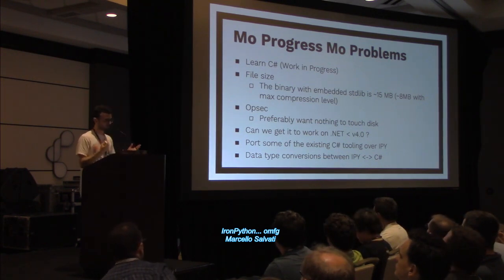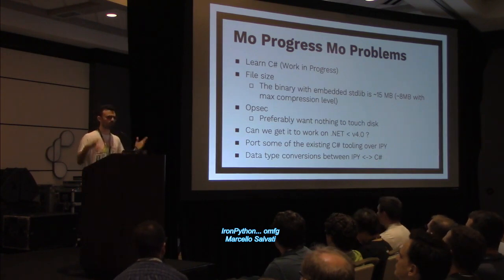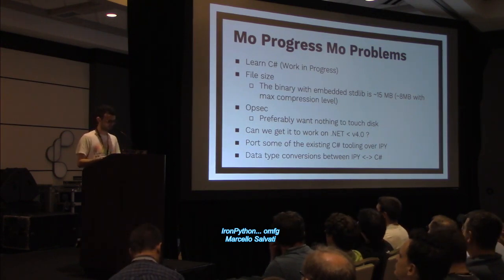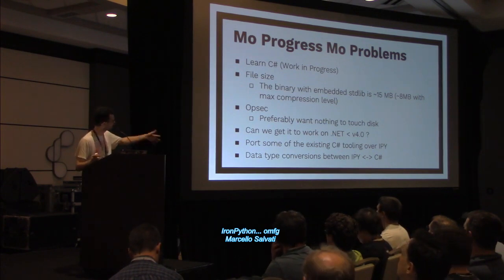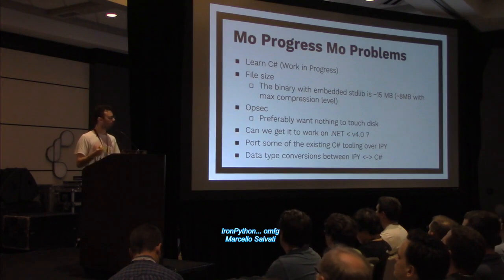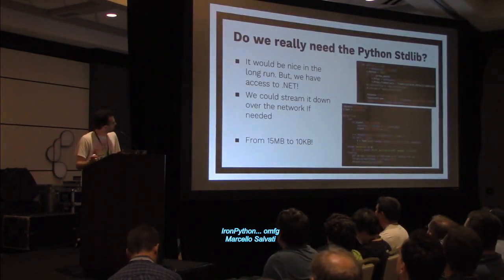Now really the only thing we have to do is write a framework around it and port some of the existing C# tooling that's been coming out to IronPython, which is really easy because it's the same function calls as in C#, only in Python, which is better. And all of the data type conversions between IronPython and C#, I thought that would initially be a problem, but it turns out it's pretty easy as well.